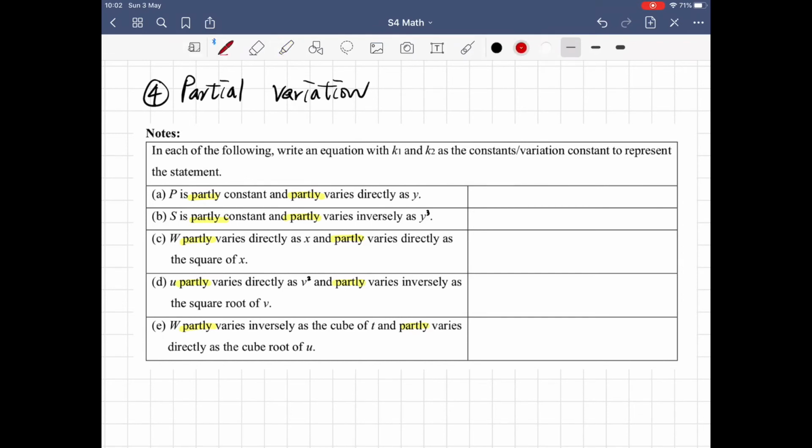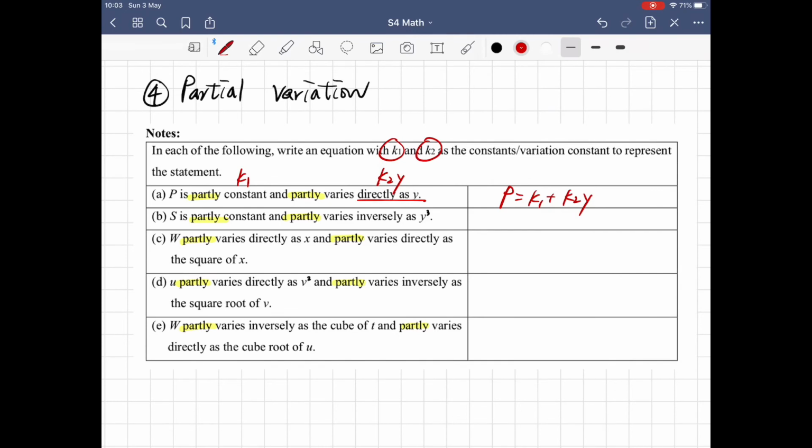For partial variation, there are two variation constants, k1 and k2. Then we can set up the equation. For part A, p is partly constant, that means k1, and partly varies directly as y, so k2y. So when we combine these two pieces of information, we have p equals k1 plus k2y.